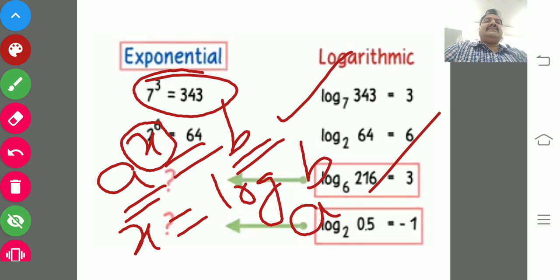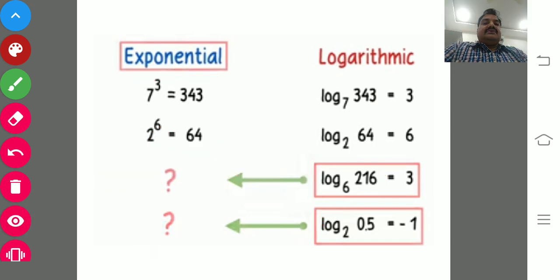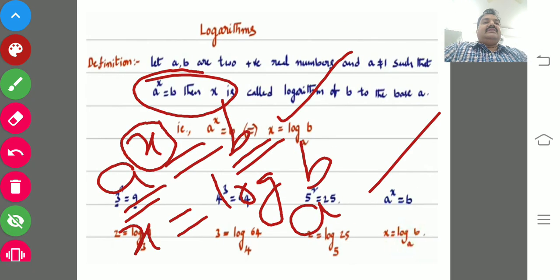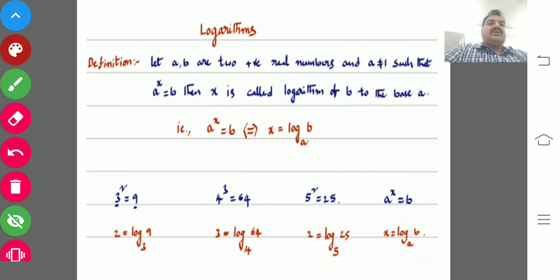All the things are like that only. From the 4 examples, I could conclude that a power x equal to b if and only if x equal to log b base a. Yes, that is only the definition, what you have learnt in the previous slides.